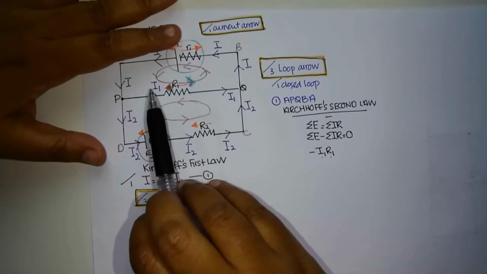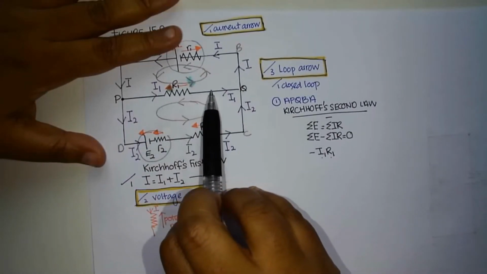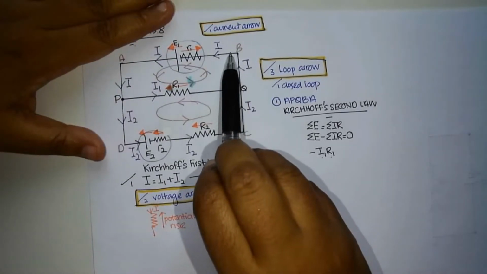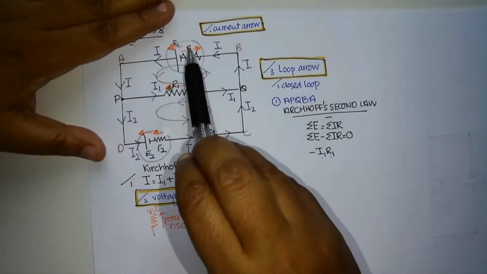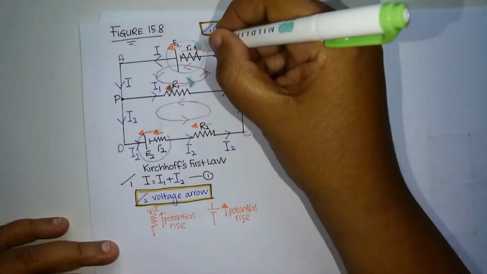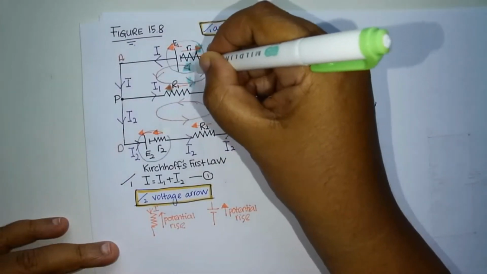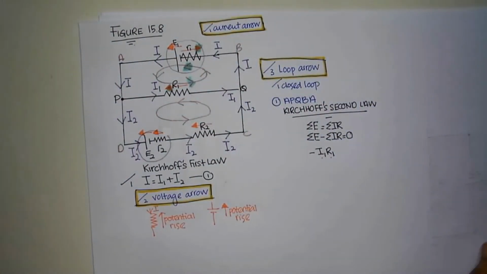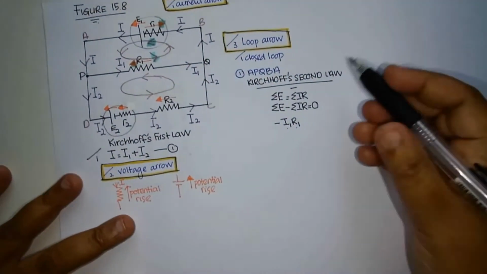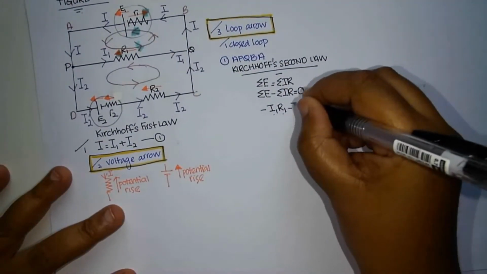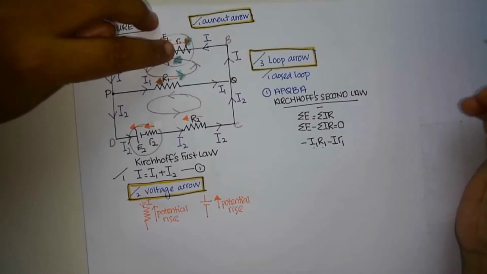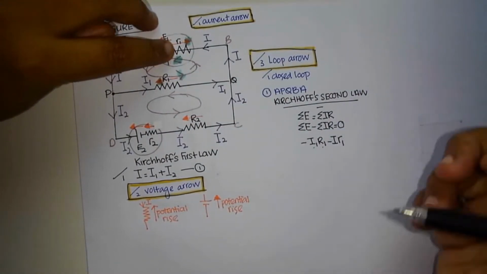Okay, now we go from here. There's nothing here, nothing here, and nothing here. And then when we come here, we notice that the voltage arrow and the loop arrow are opposite. That means this side is positive, but the loop arrow is going this side. So we put negative I R1, because the voltage at this is I R1.